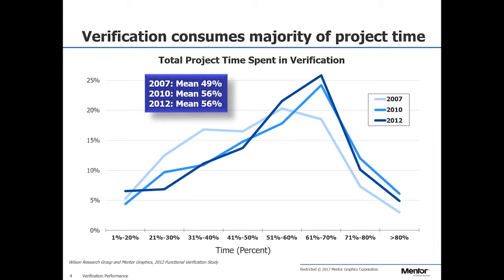And then if you look at the biggest task as part of your project, it is generally the verification step, which probably averages somewhere around 60 or 70% of the time.